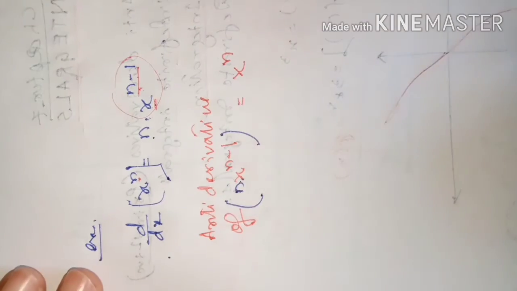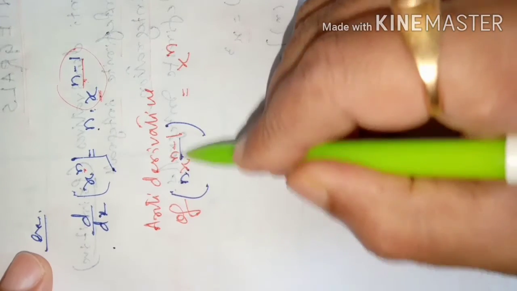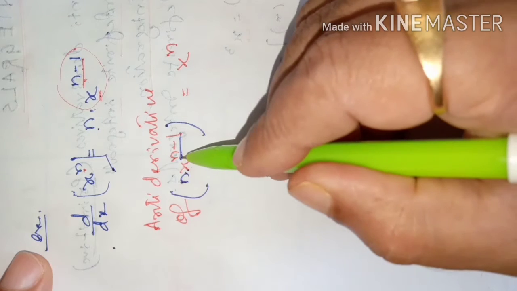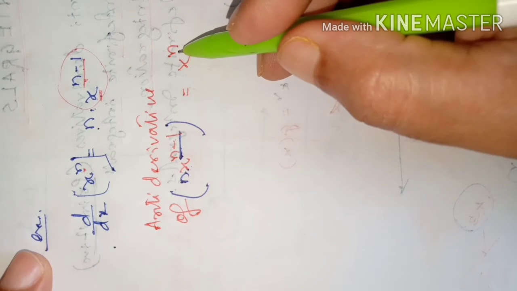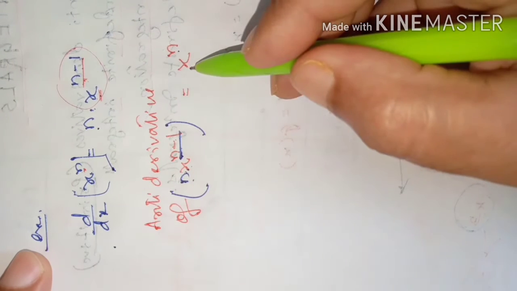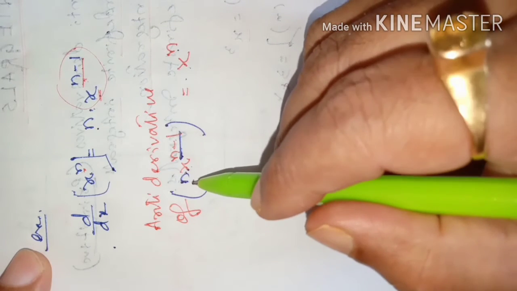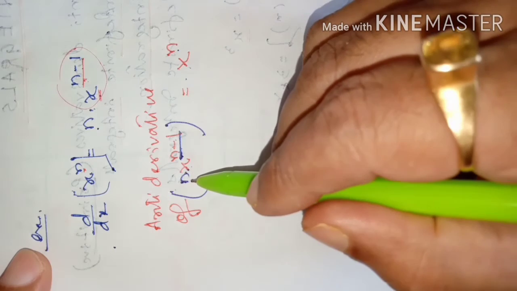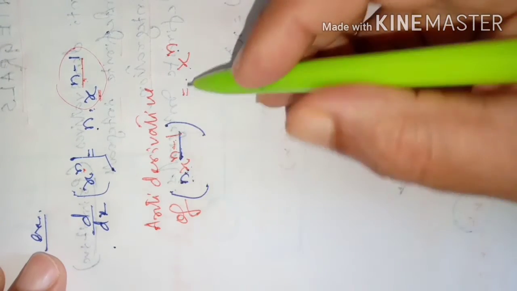Now what is the job here? You have to compare the powers of these variables. Here x has power n minus 1, whereas here the power is n, and here the coefficient is n, but here the coefficient is 1. That means you can think like this also: this antiderivative of n times x to the power of n minus 1 can also be written like this.